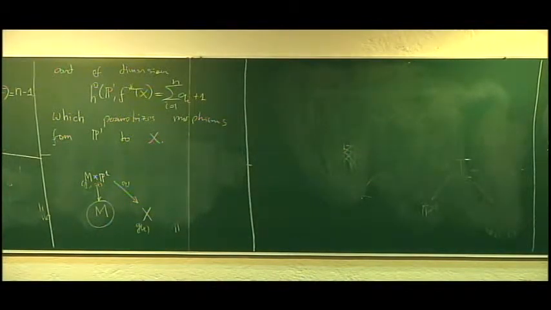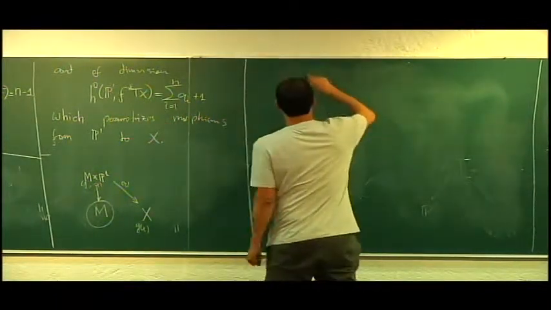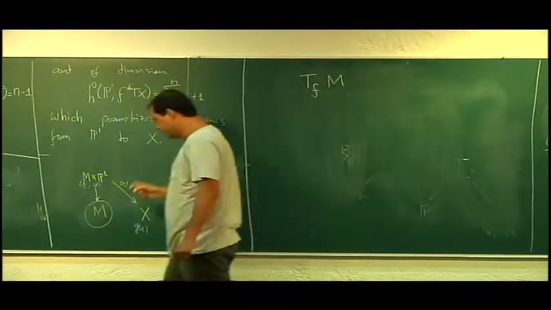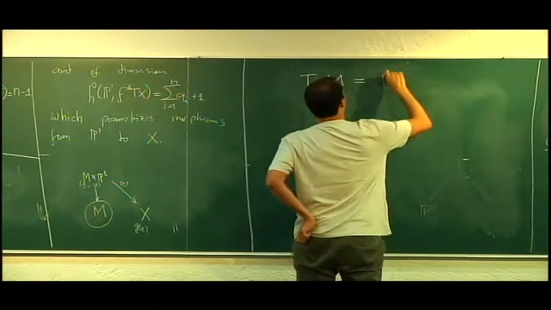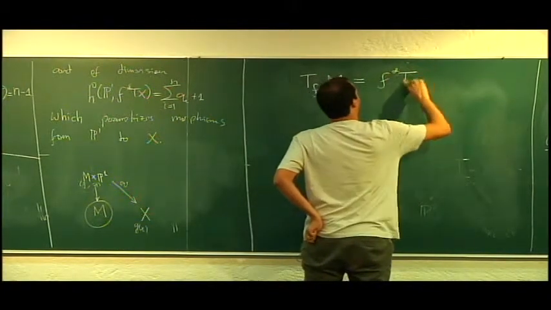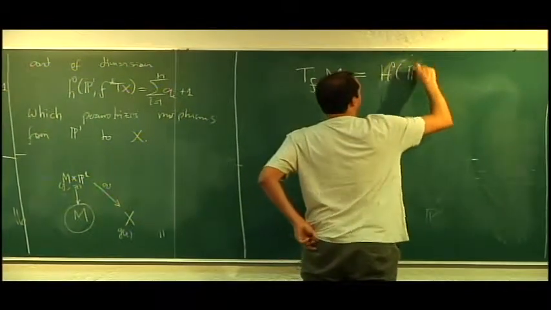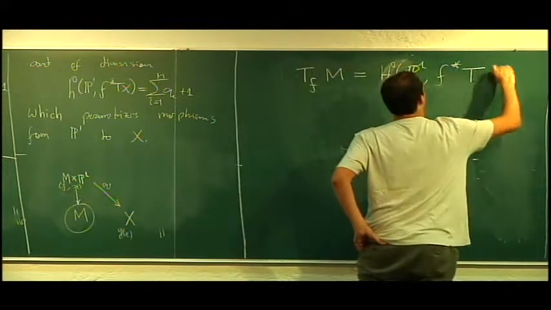Okay. But then how do we define that foliation? The thing gets much clearer, because on this space I can try to understand the tangent space of M at F. And this is nothing more than H0 of P1, F star of Tx.